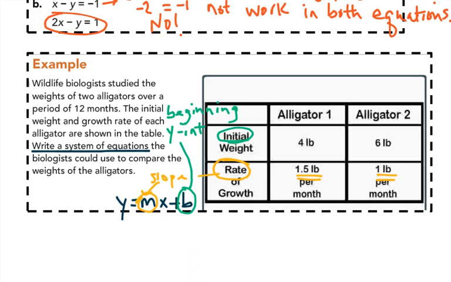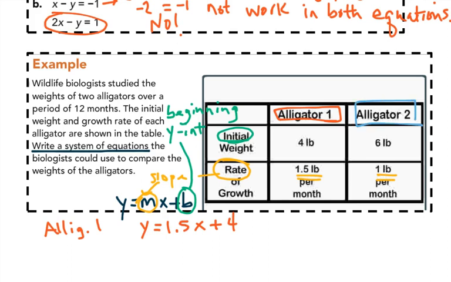So if we talk about alligator 1 in red, alligator 1 has the equation y equals the rate, which is 1.5, x plus the initial weight, which is our b value of 4. So that's the equation for alligator 1. And let's do alligator 2 in blue.